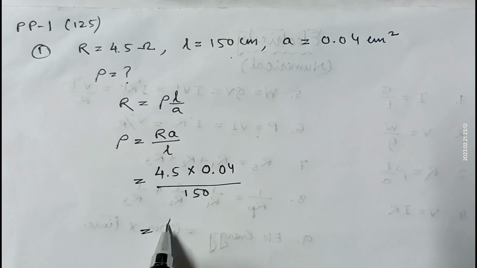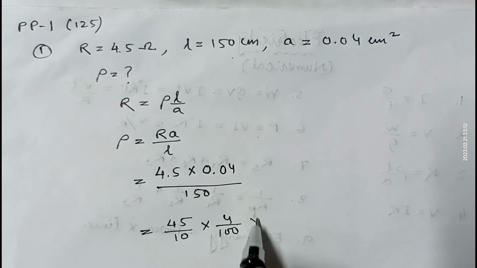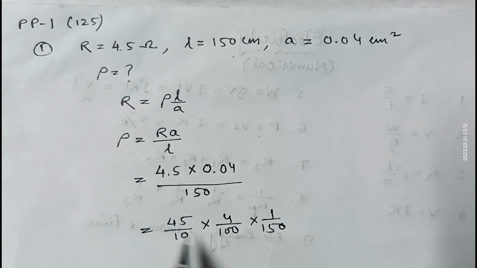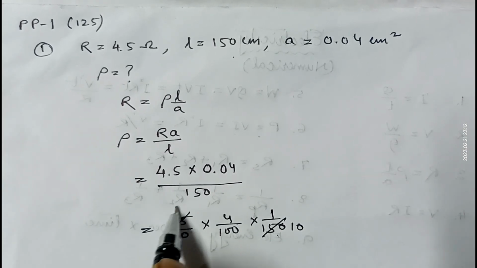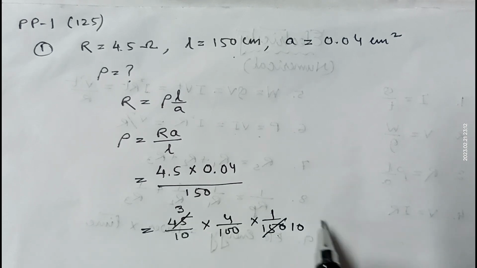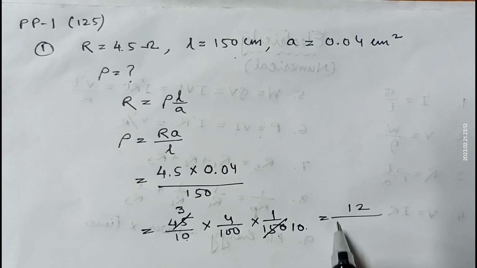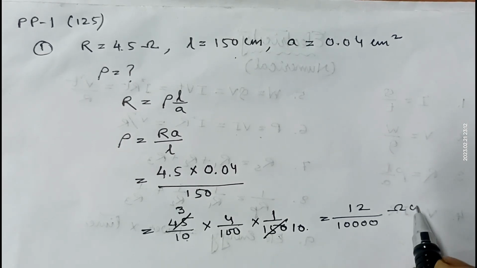This can be written as 45 by 10 into 4 by 100 into 1 by 150. Now 150 and 45 can be cancelled by 15. 15 tens are 150, 15 threes are 45. So it will be 3 fours are 12 divided by 1 2 3 4. This is ohm centimeter.